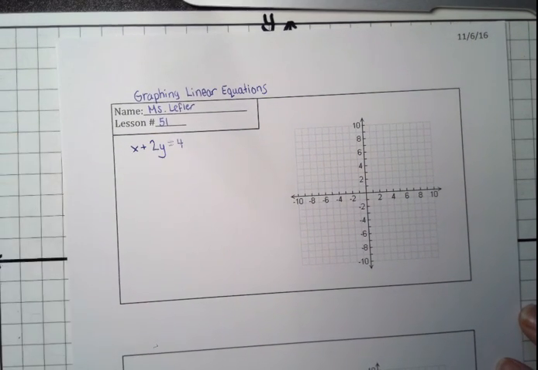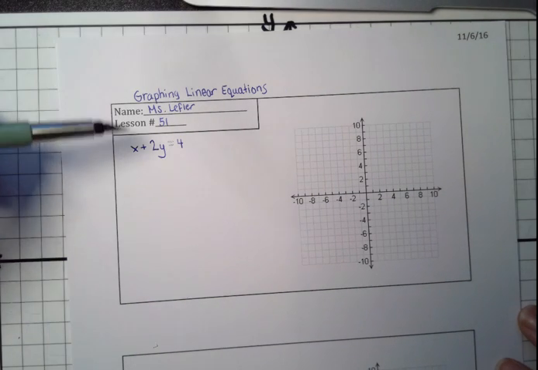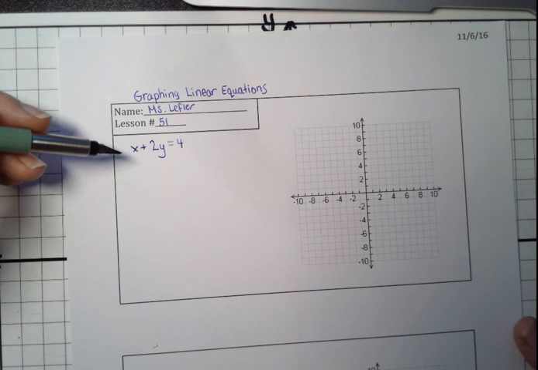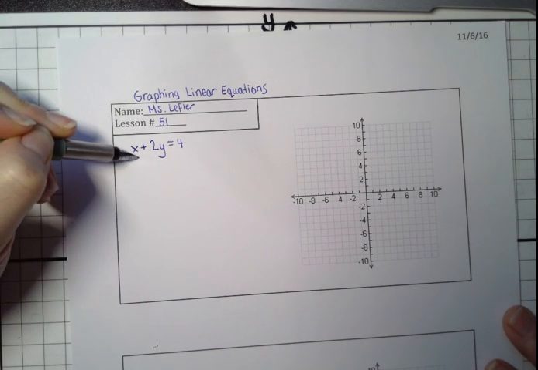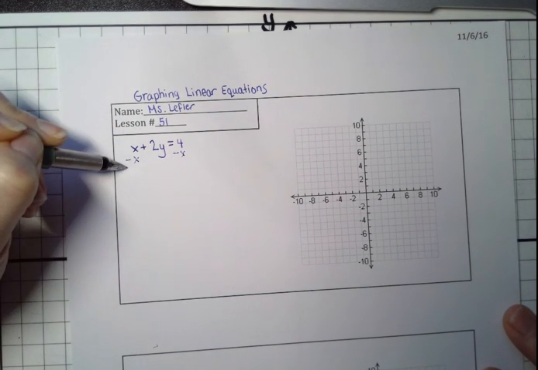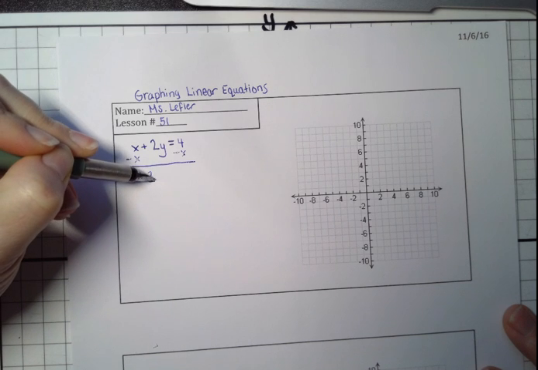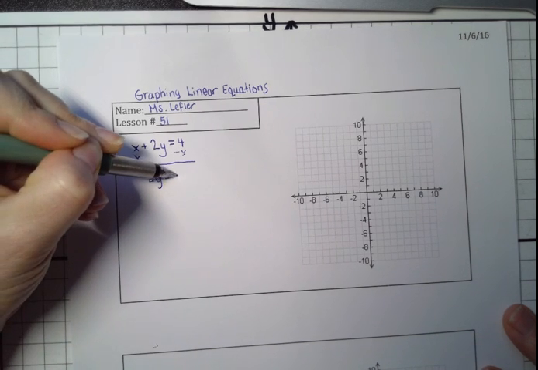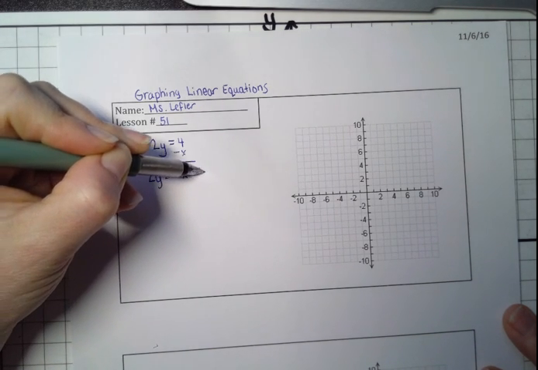This is a polynomial equation. So the first thing I would need to do would be to solve for y, to get the y by itself. So the first step in getting the y by itself is subtracting x here, and I would get 2y equals negative x plus 4.